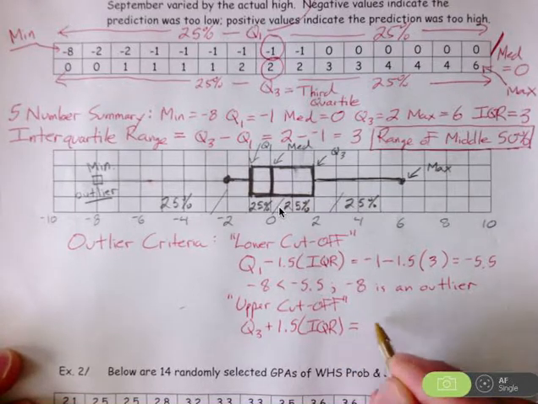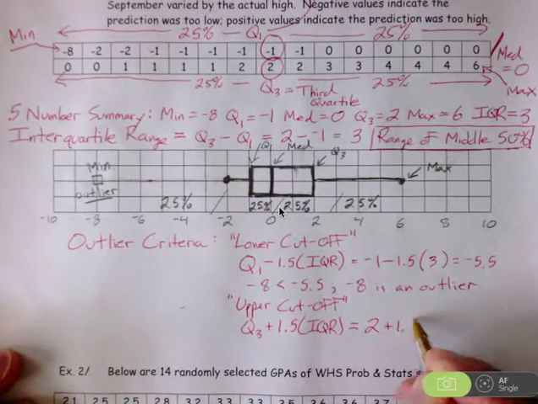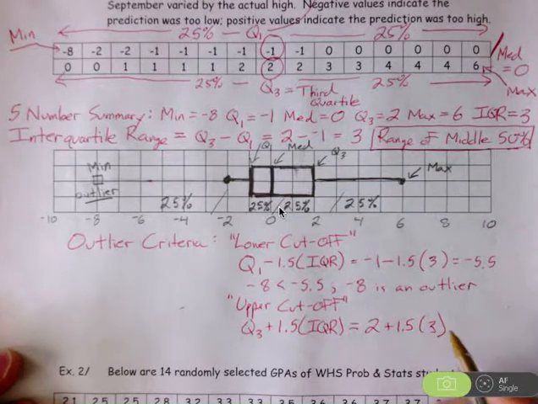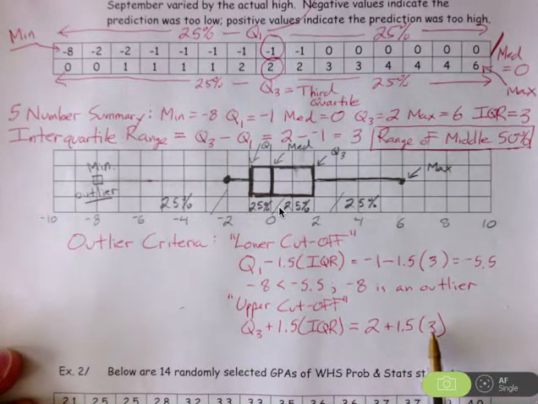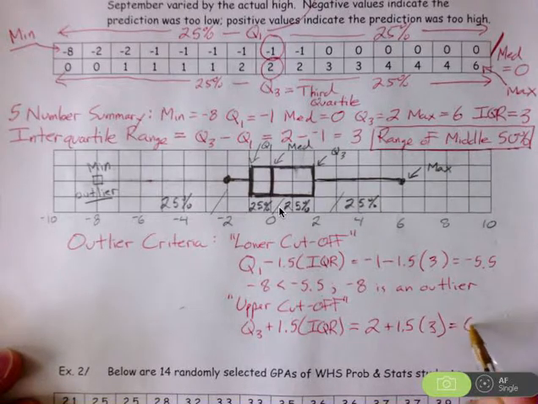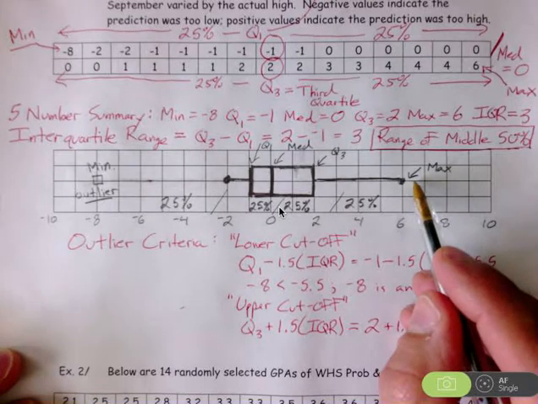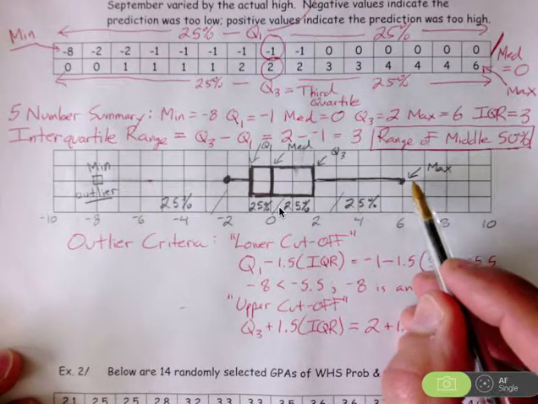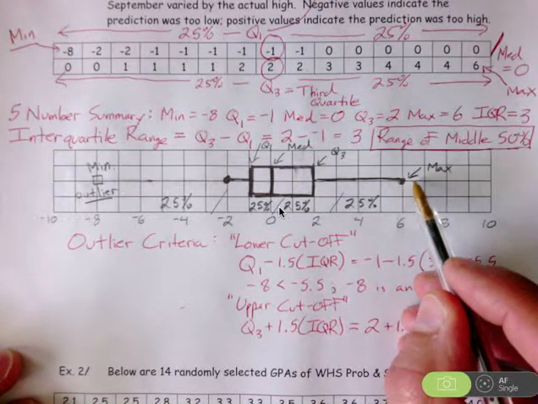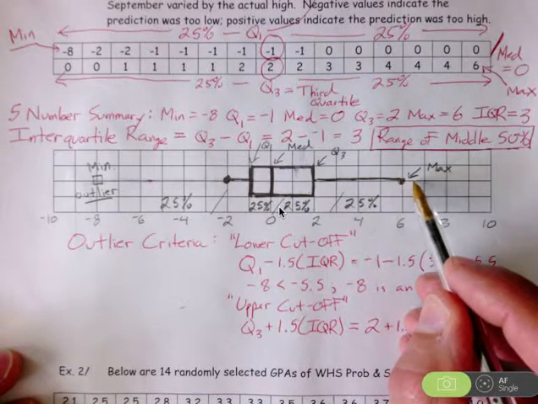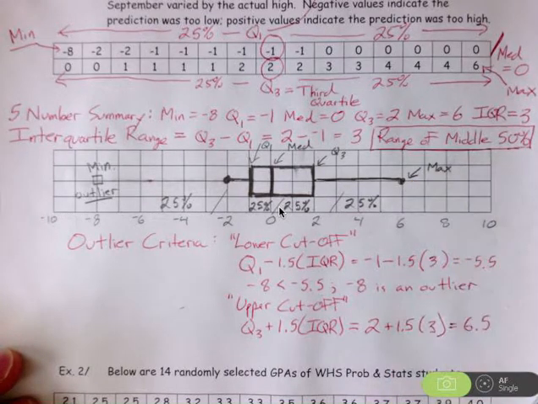So Q3 is at 2 plus 1.5 times my interquartile range of 3. So 1.5 times 3, that's 4.5 again. So if I add that to 2, that gives me 6.5. So notice that would be right here at 6.5. The farthest value of data to the right is at 6. So the cutoff for an outlier to the right is at 6.5. I don't have any values in this data set that exceed 6.5. So there are no outliers to the right.